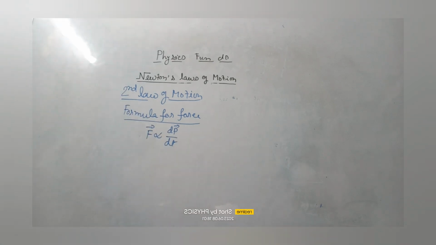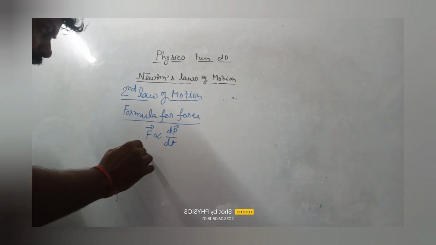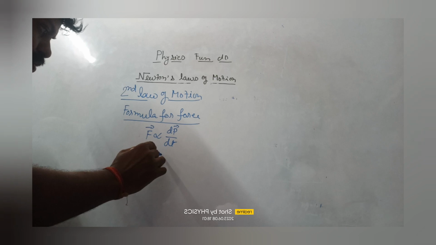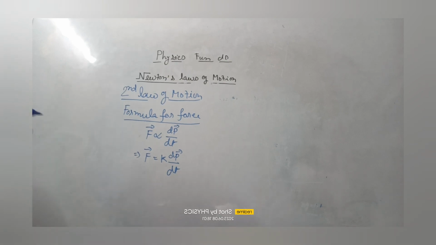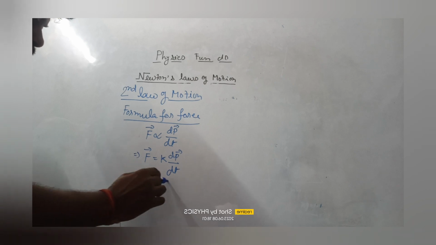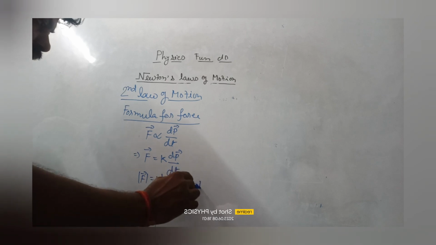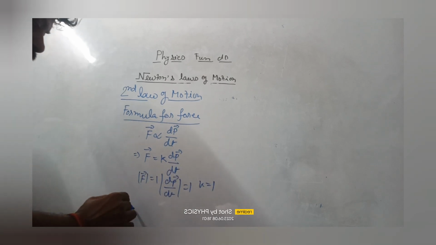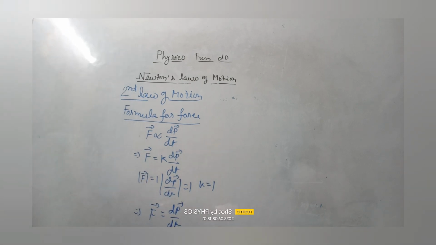Now F is equal to k times dp by dt, where k is a constant. Now if F is 1 and dp by dt is 1, then k should be 1. So the formula is F equals dp vector by dt.